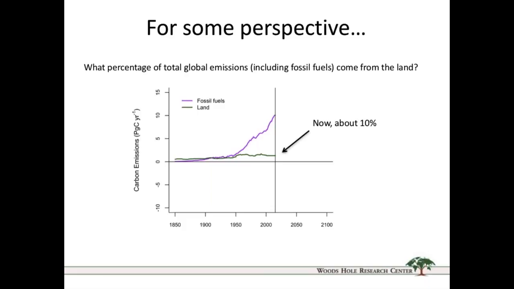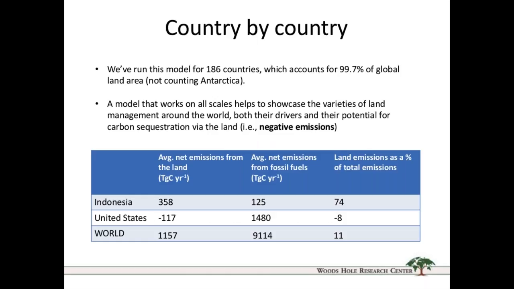And in comparison to fossil fuel emissions, now land use change accounts for about 10% of total carbon emissions. A century and a half ago or so, land use change accounted for about 90% of the emissions.